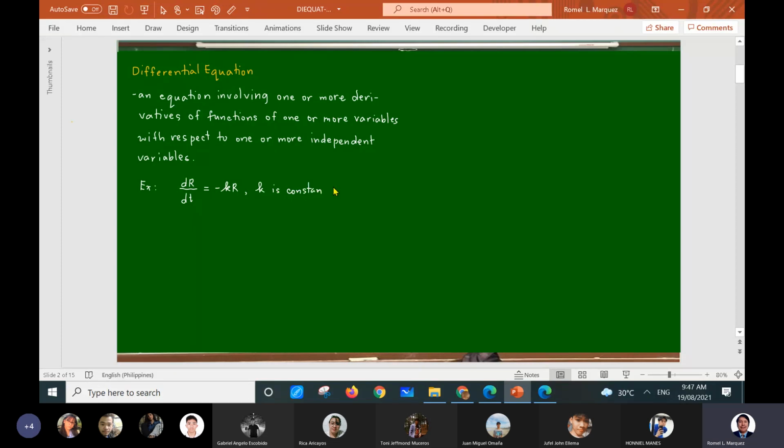So what are the variables here? We have r and t. Am I right, guys? Okay, so in this equation, R is the dependent variable.